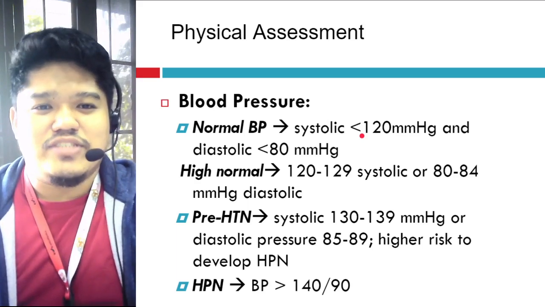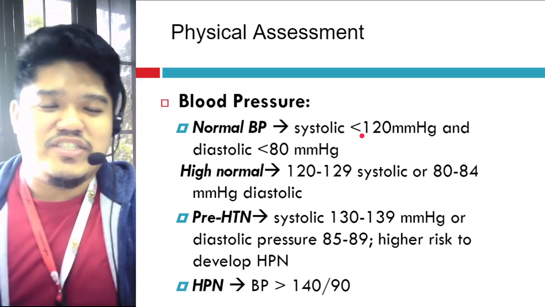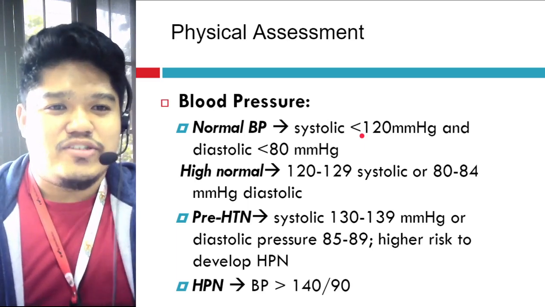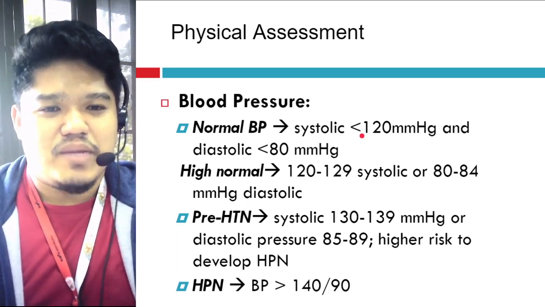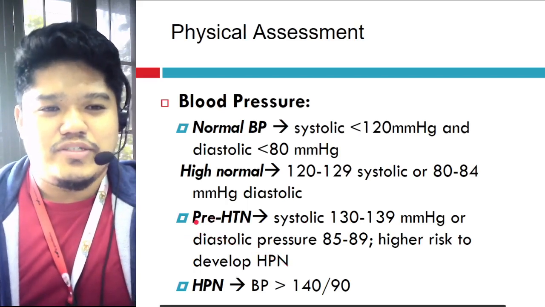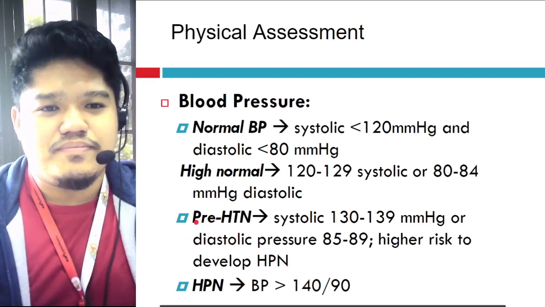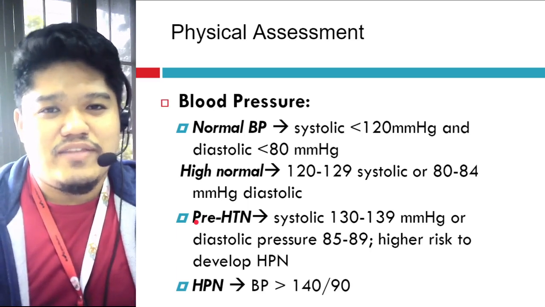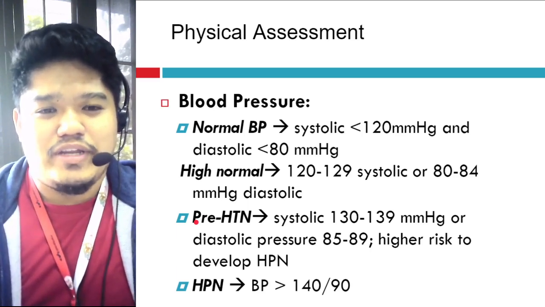It is not yet considered a hypertension, however, just a little bit higher than the average or the normal average blood pressure. Prehypertension can be considered when the patient's blood pressure falls between 130 to 139 millimeter mercury for the systolic and the diastolic pressure of 85 to 89 millimeter mercury.